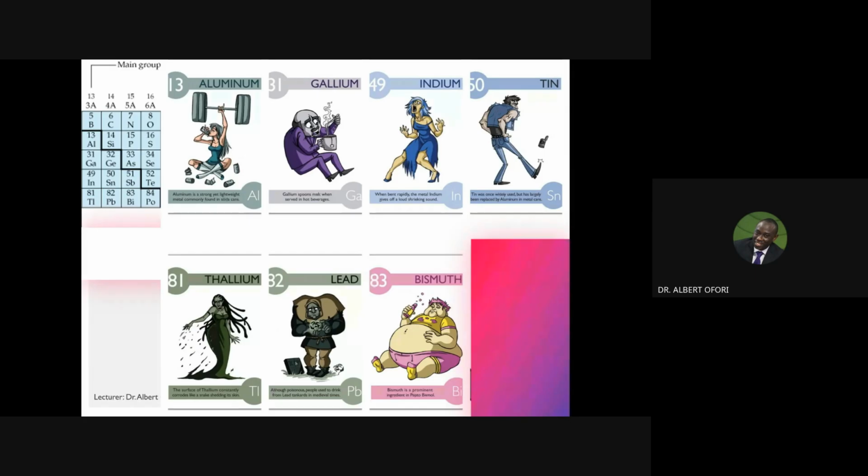Then lead. We see this lead man standing close to RIP, rest in peace. Very dense, very bulky kind of guy. But history tells us that it poisons us unaware. Unfortunately, in Africa, for example, Ghana has become a dumping site for lead. Lead poisoning is extremely dangerous because lead has a charge of +2, and what keeps us alive also has a charge of +2.